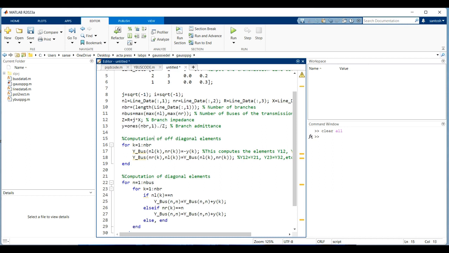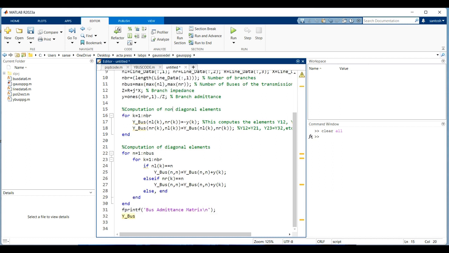So y12 is equal to 1 by z12, y13 is equal to 1 by z13. Next we have to compute the off diagonal elements, which means non diagonal elements. We are writing Matlab code for an n bus system.